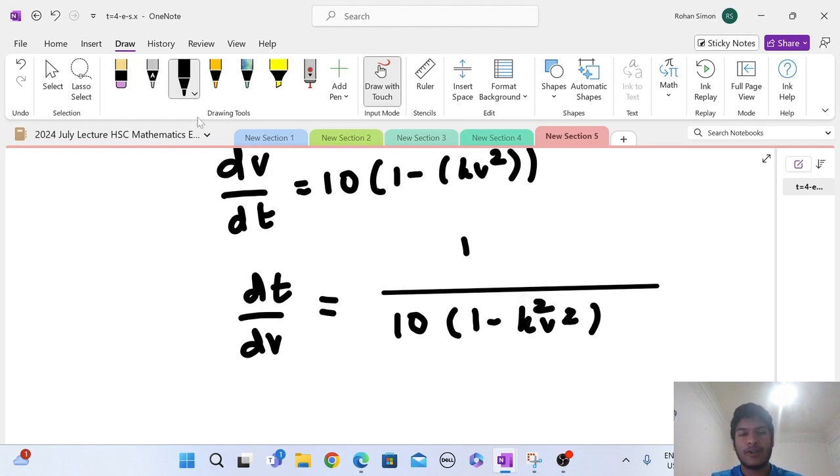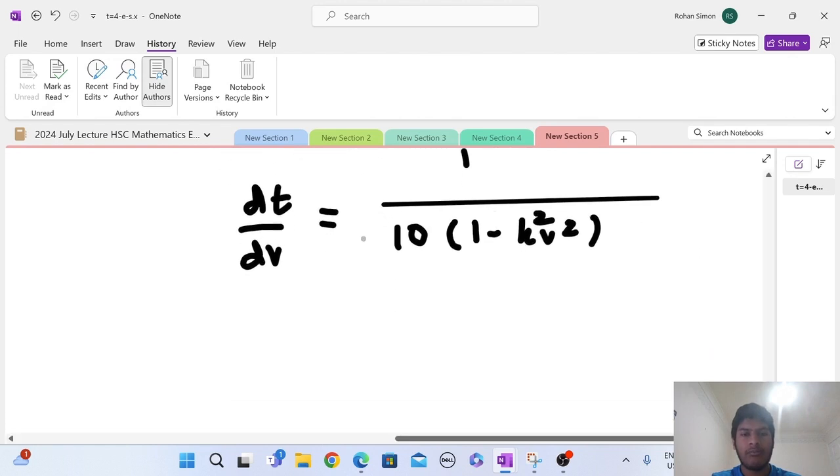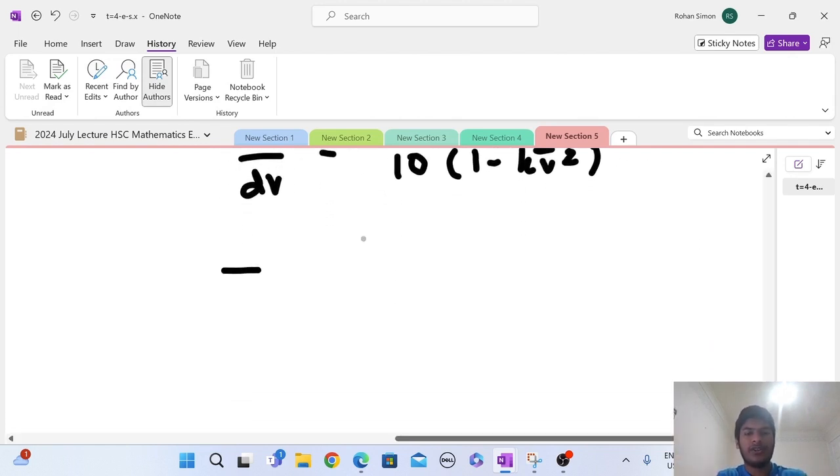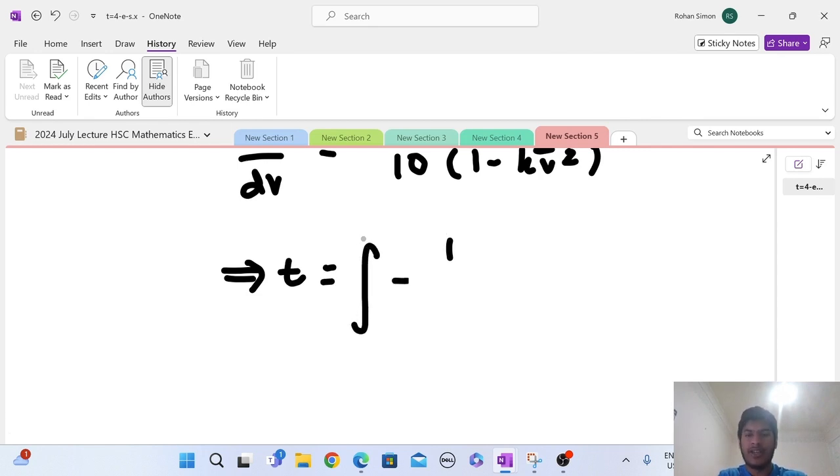Now, I won't go through the partial fractions in detail, but in order to integrate this function, you're going to have to use partial fractions. I'm just going to jump to the partial fractions because I'm sure you would have done at least a few of them in the further integration topic.